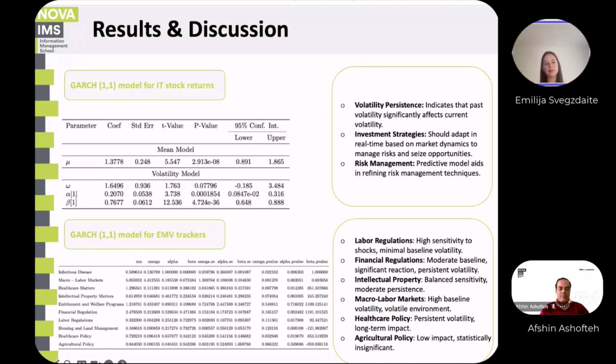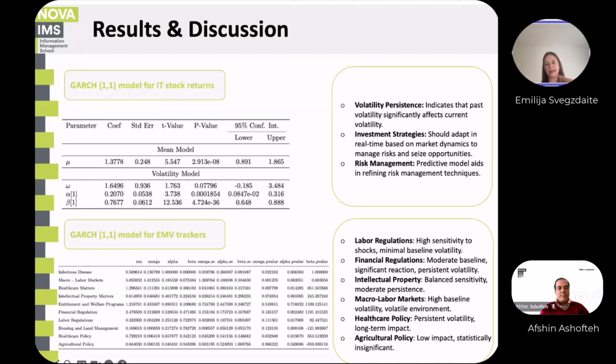And for EME trackers, labor regulation was most predictive, showing sensitivity to market shocks, while the financial regulation tracker also responded significantly to changes, indicating lasting effects.